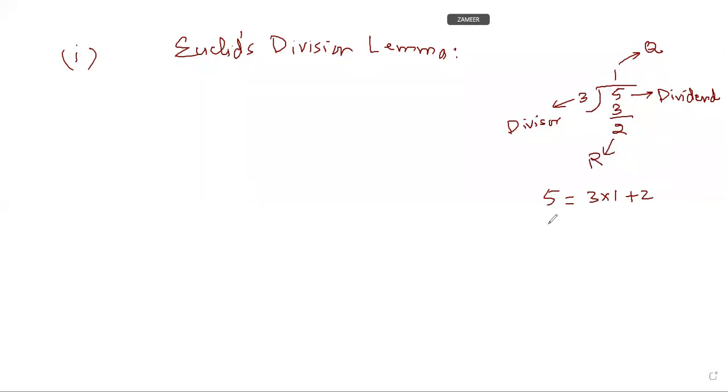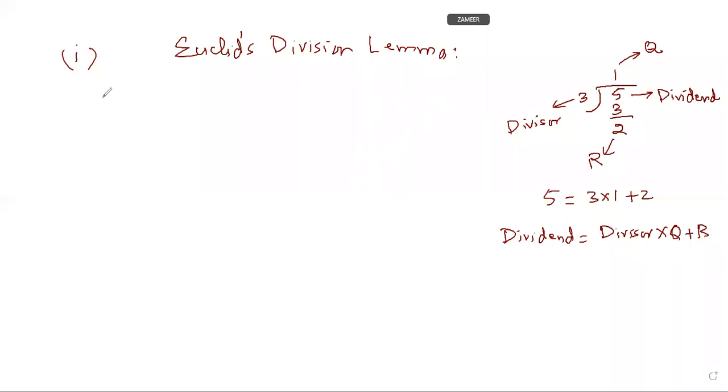So 5 is the dividend. This is the division lemma: dividend is always equal to divisor into quotient plus remainder. Actually, this is Euclid's division lemma.